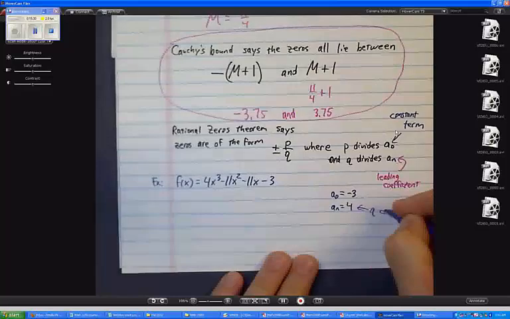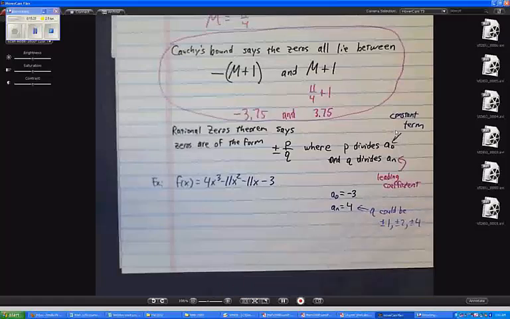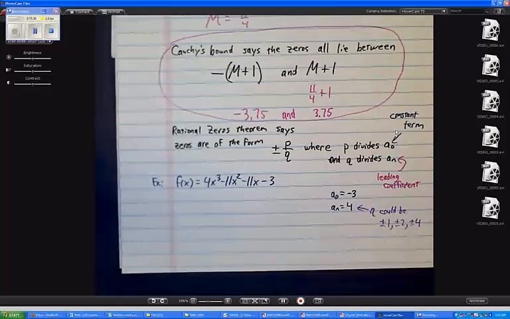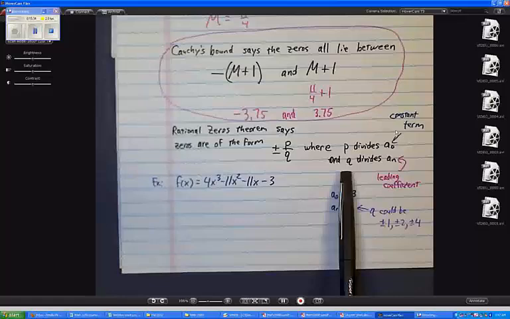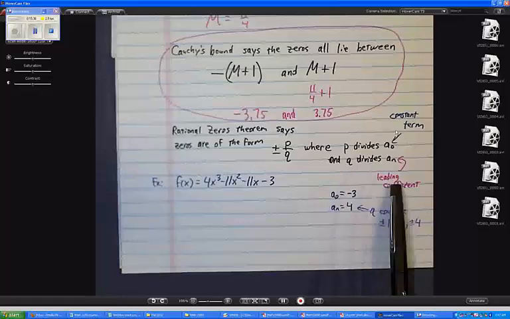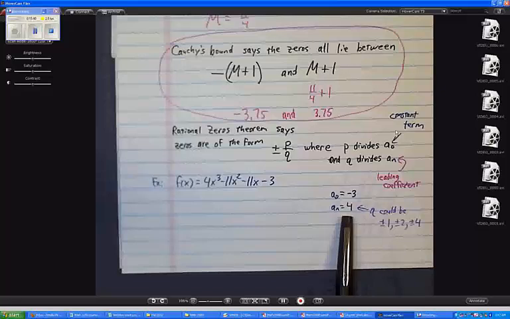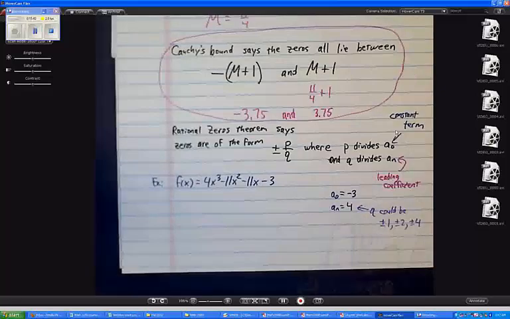Q could be plus or minus 1, plus or minus 2, or plus or minus 4. That's what Q could be. Because Q has to divide A sub n, the leading coefficient. The only numbers that really divide evenly into 4 are 1, 2, and 4. You guys with me?